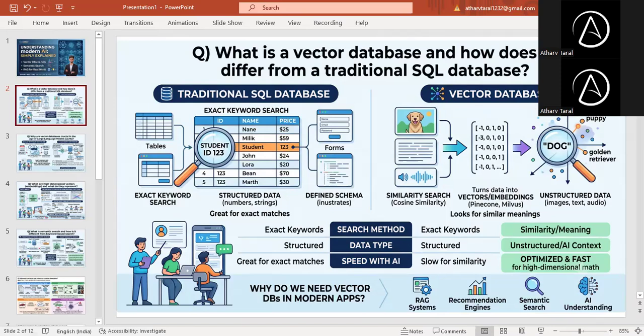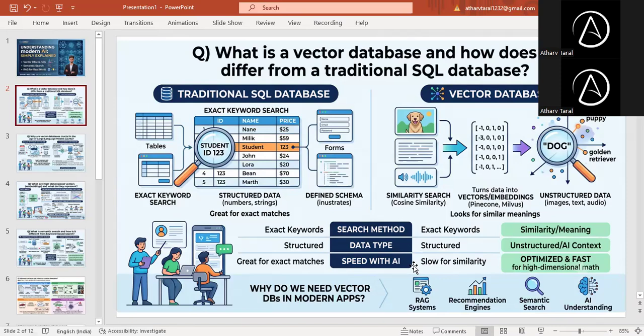So when we use a vector database like Pinecone, Milvus, and ChromaDB, it does not look for exact text matches. Instead, it looks for similarity.